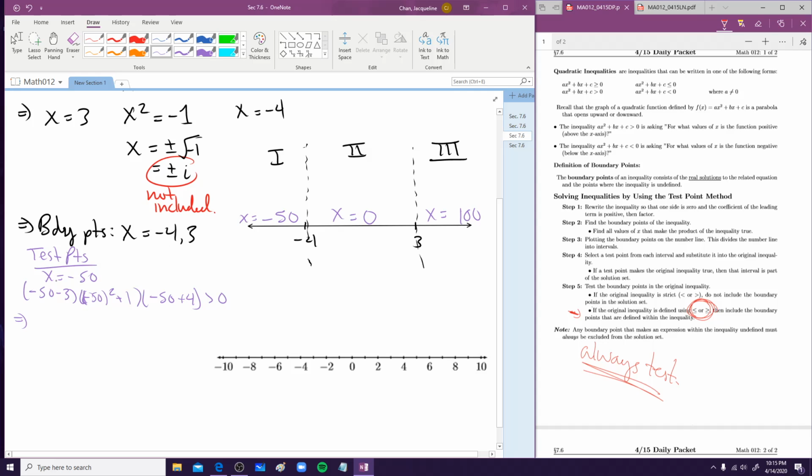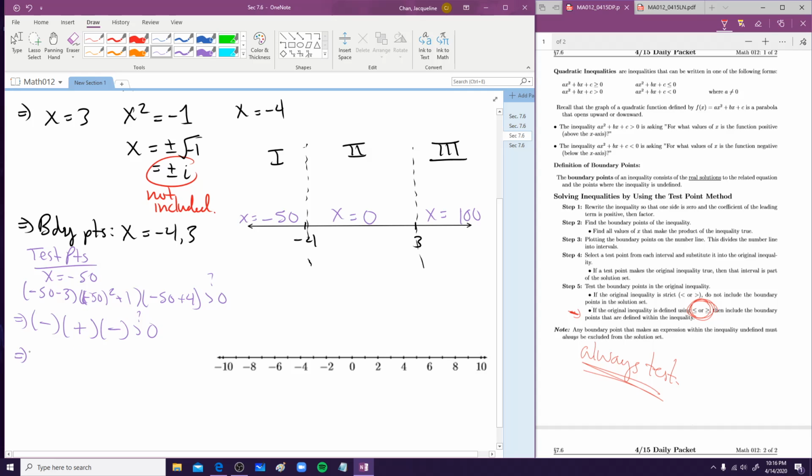So for negative 50, without a doubt in my mind, negative 50 minus 3, that is no doubt negative. If I do negative 50 squared, that gives me a positive. A positive plus a positive number is positive. Okay, and then negative 50 plus 4, that is also negative because 50 is a lot bigger than 4.